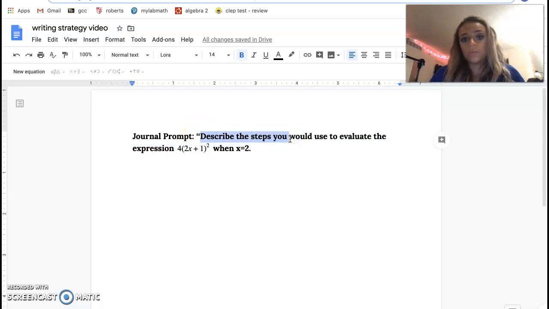Initially it wants me to say the steps that are going on in my brain to evaluate the expression 4 times (2x plus 1) squared when x equals 2. So I just need to explain every step that I take in my head or on my paper to figure out what this expression is equal to.